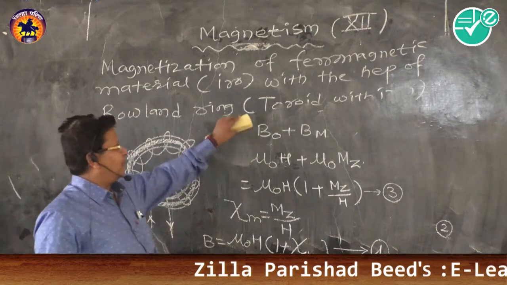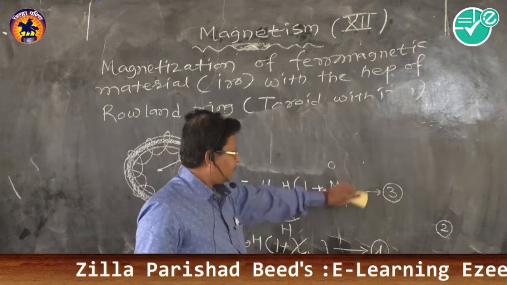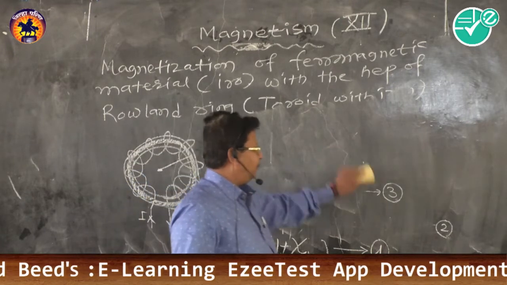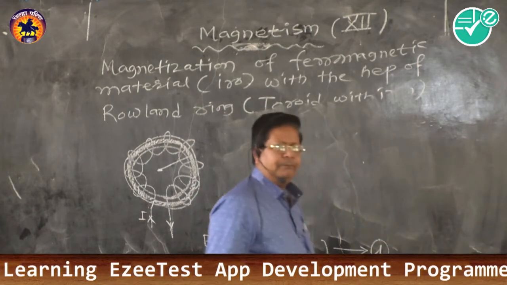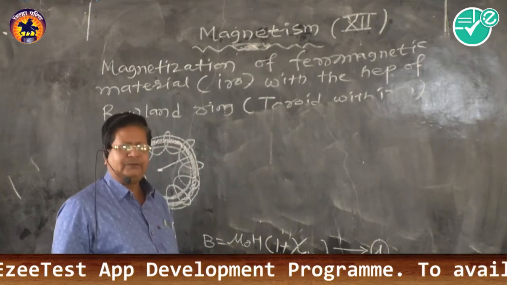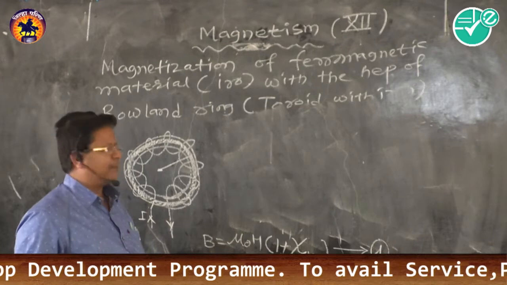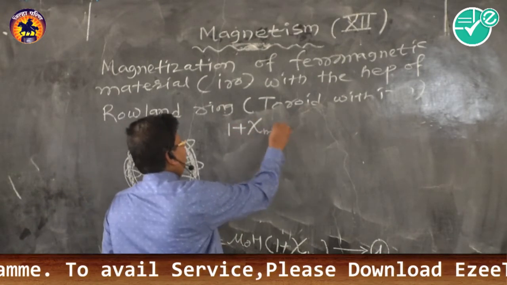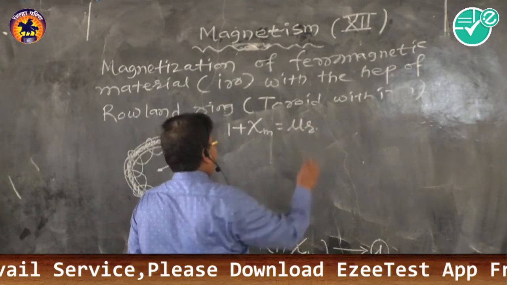Now in equation number 4, the term in the bracket 1 plus chi m is called as relative permeability. So 1 plus chi m is equal to mu r.